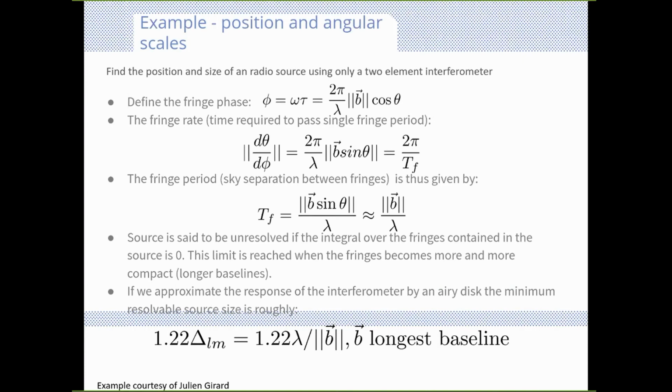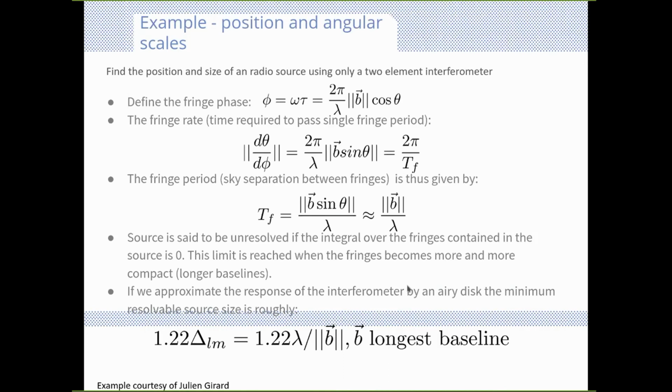I'll show you an example just a bit later on. If we approximate the response of our interferometer by an Airy disk, so a Bessel-like function, then the minimal resolvable size is roughly given by 1.22 lambda over the longest spacing, so the longest baseline.